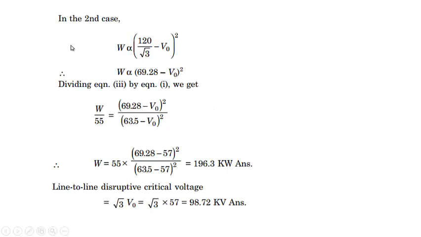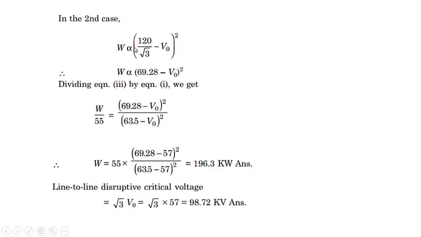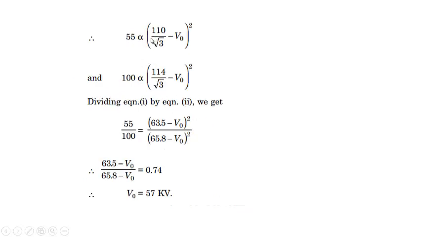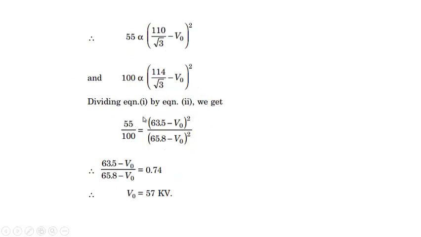Now in the second case, this W is proportional to 120 divided by root 3 minus V naught whole square, that is 120 by root 3 is 69.28, minus V naught square. Dividing this equation by the first equation, it comes out to be W by 55 is equal to 69.28 minus V naught divided by 63.5 minus V naught whole square.